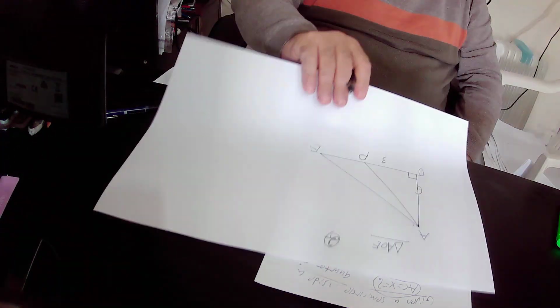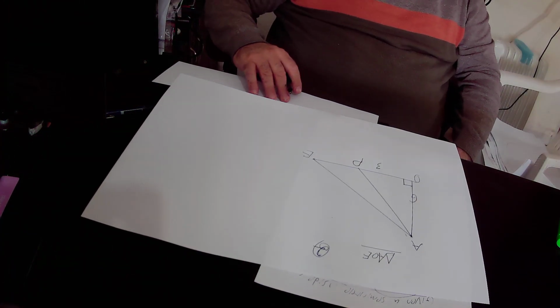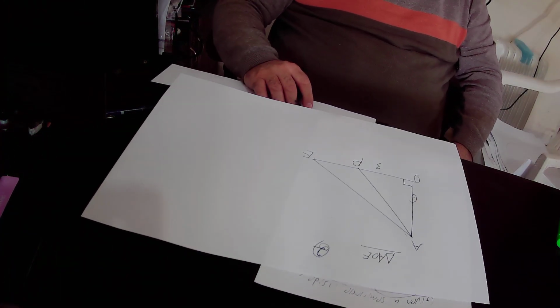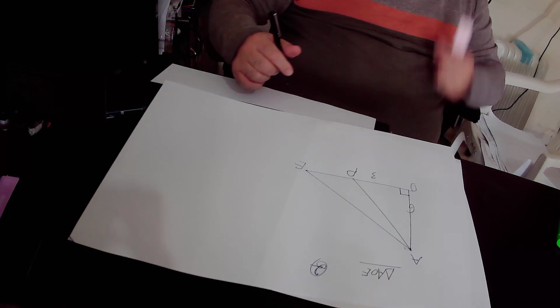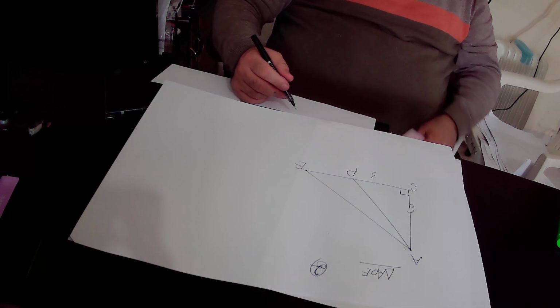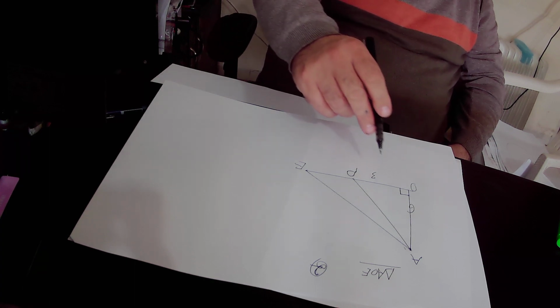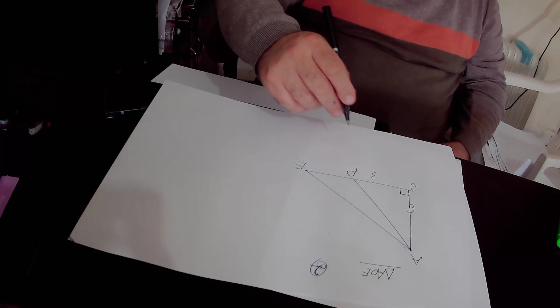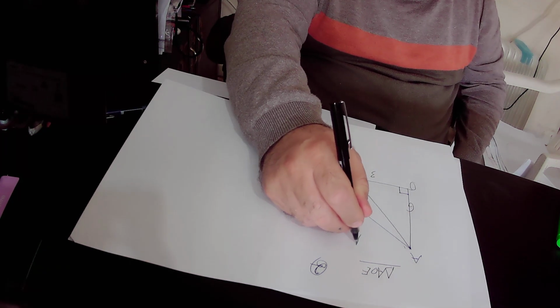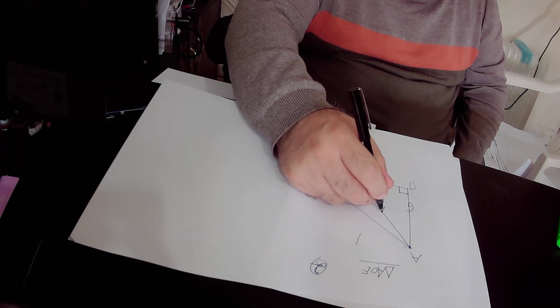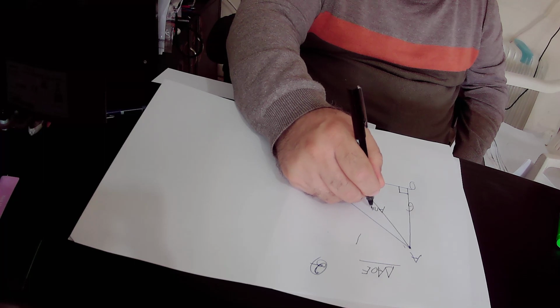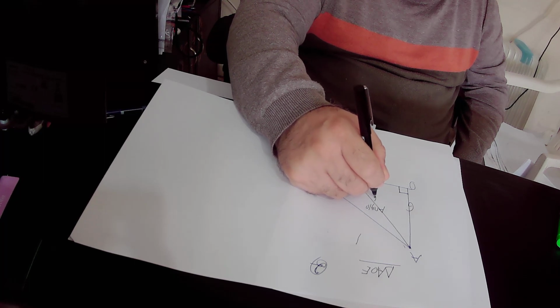So actually, this is the right triangle AOE that I copied from the original drawing. In the right triangle AOE, we have angle bisector AP. We write it down that AP is angle bisector.